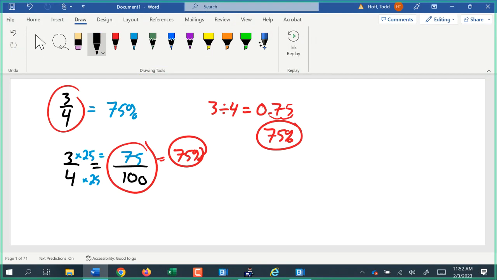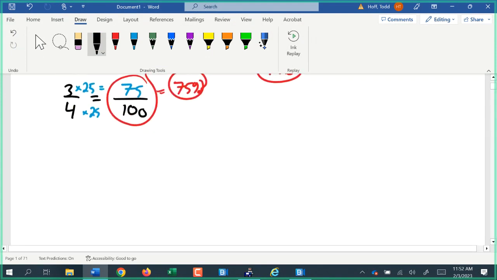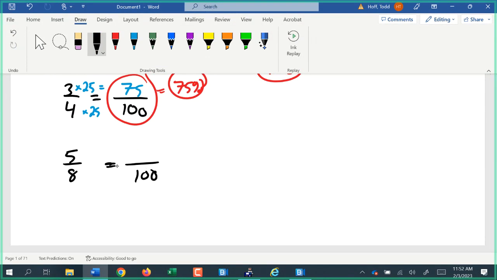However, not all fractions convert so easily into hundredths like that. If I had 5/8 and I want to convert that into hundredths, trying to figure out what I multiply the 8 by to turn it into 100 is not so easy. So we work backwards.